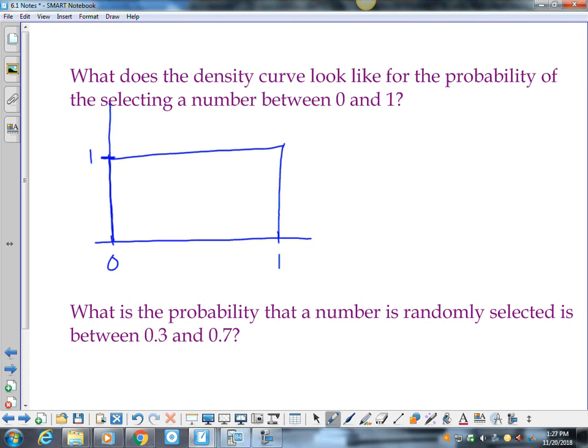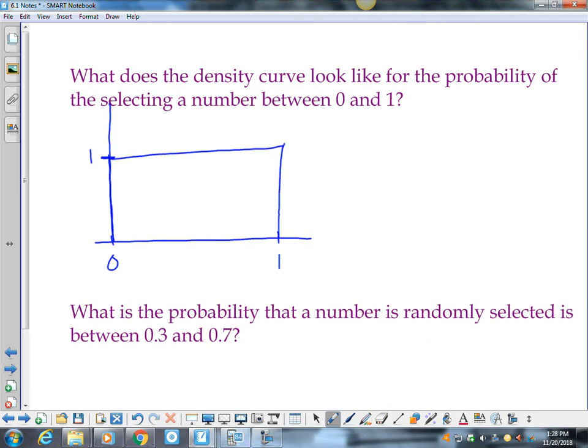It is a 1, but that's not the reason why. It's not guaranteed that we're going to get 0, because you can get something else.